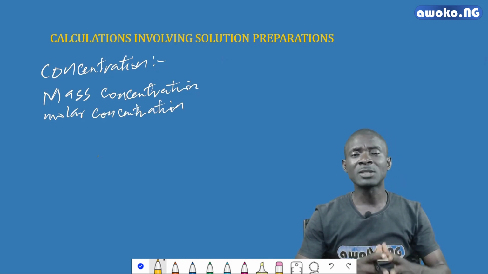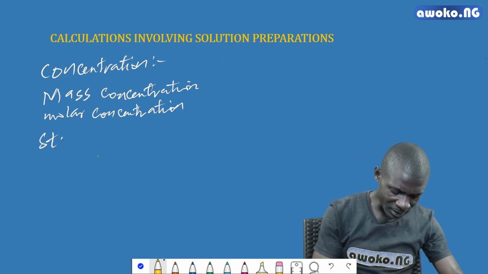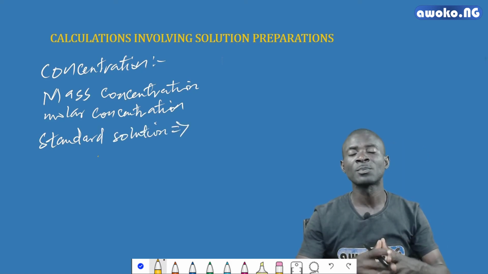Now, when the concentration of a solution is known, that type of solution is simply called a standard solution. We can define a standard solution as a solution of known concentration. What is an example of a standard solution?